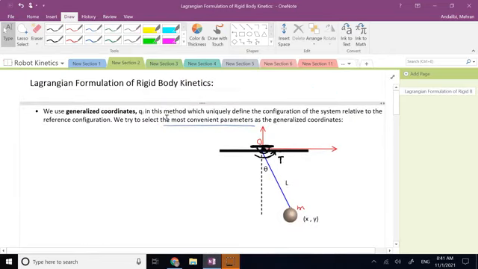And one other thing about convenient is when you have these external forces or couples, like here, this torque applied at pin point O, what's the easiest parameter that is related to the work of that force or couple?